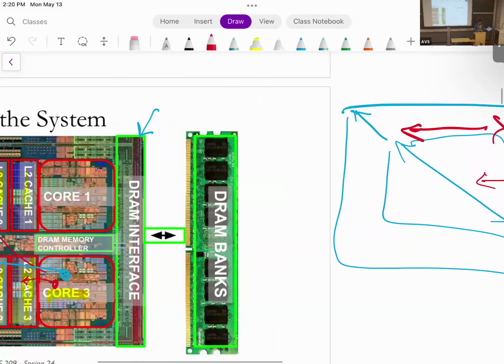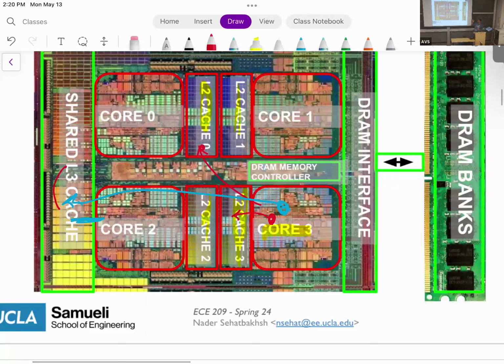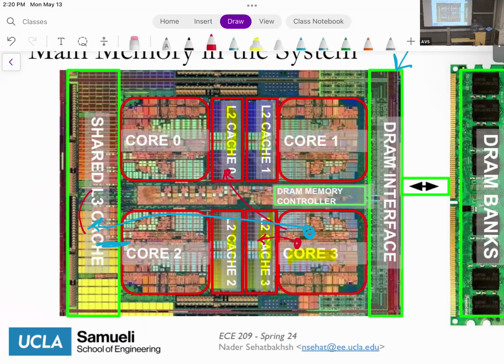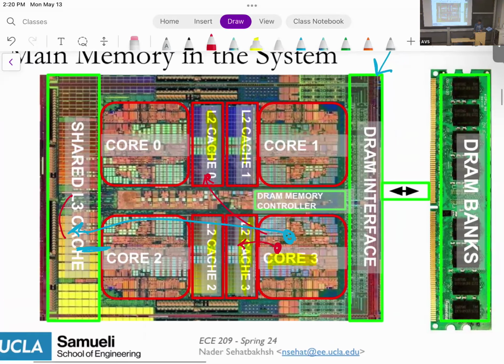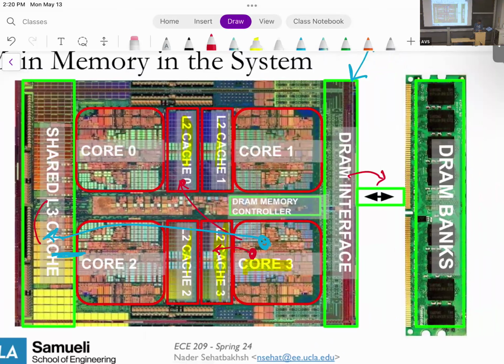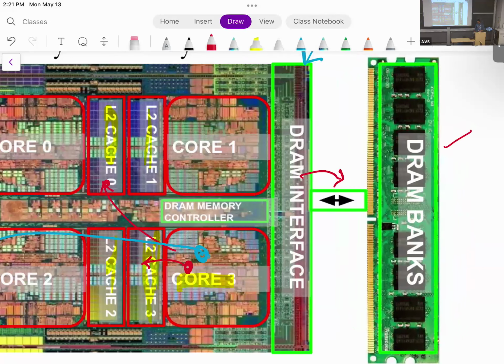But anyway, going back to the original system, this is what we have today. This is the current technology: you cannot make your cores or dies as big as you want. As a result, you need to go off chip. So you need to use the data that you want from an off-chip memory, and this is usually what we have in a DRAM. You can have one DRAM or multiple DRAMs, and for communicating with the DRAM, we need some form of a protocol.